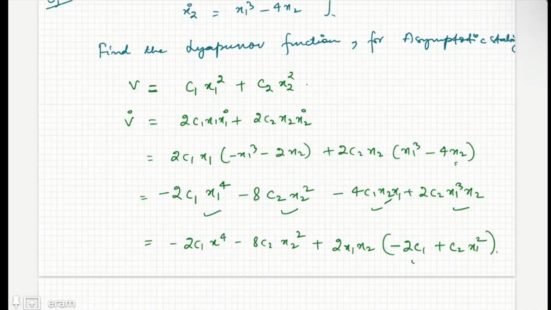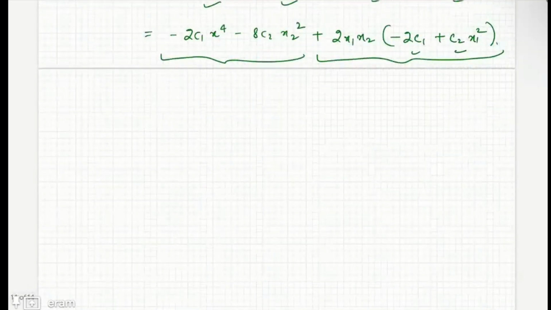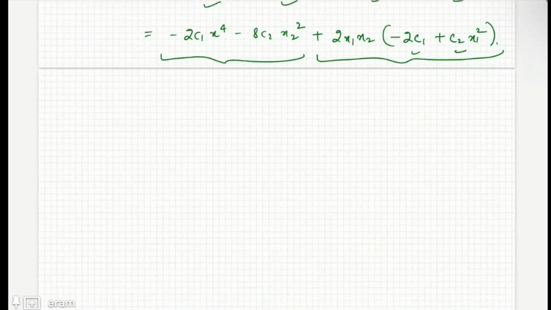Now if we select c1 and c2 such that this term vanishes, then what we will be left with is the negative term that would make the Lyapunov derivative negative definite. So let's consider c1 and c2 in such a way that this term goes away, using this coefficient to be 0. So that hints us to use c2 x1 square as 2 c1.